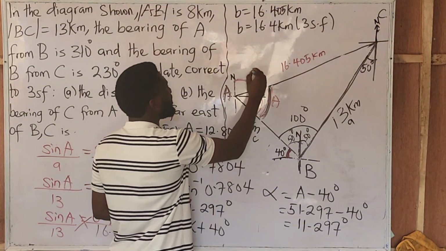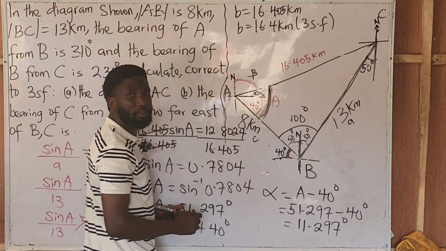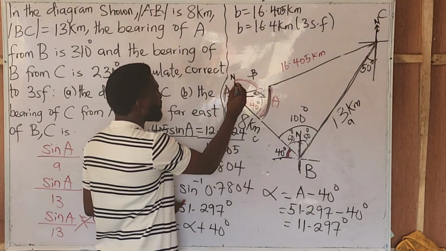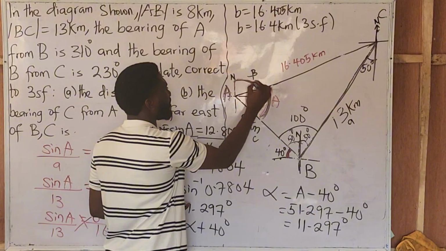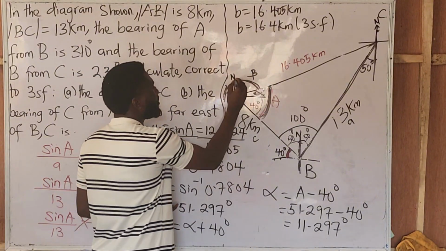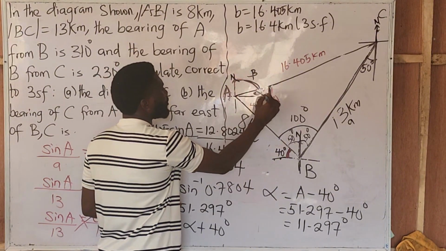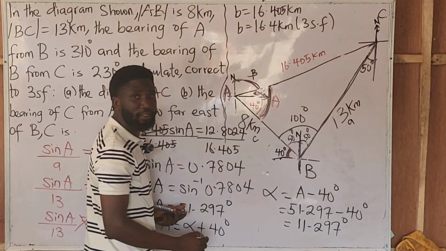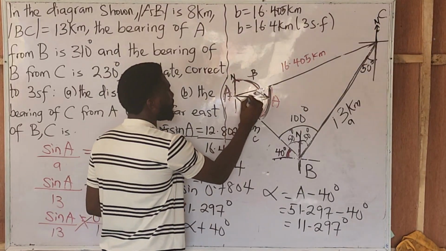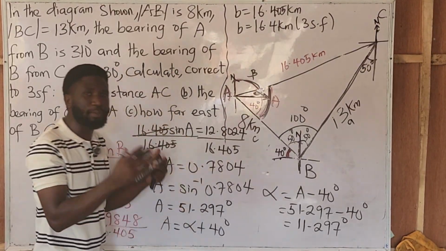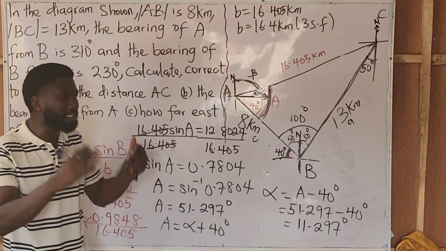So if I decide to make this one the bearing now, that is, from here to here it's the bearing. And we know that from this point down to this point, it is 90 degrees. So from here to here is known to be 90 degrees. That is alpha plus beta equals what? 90 degrees.